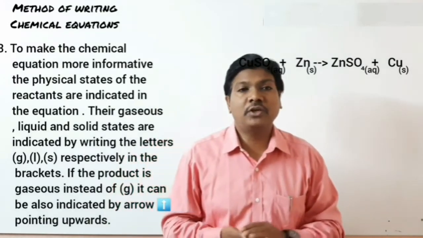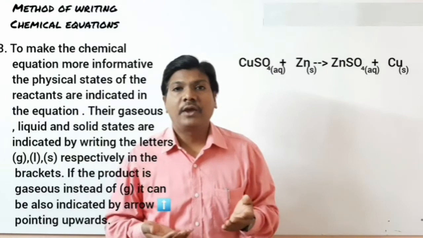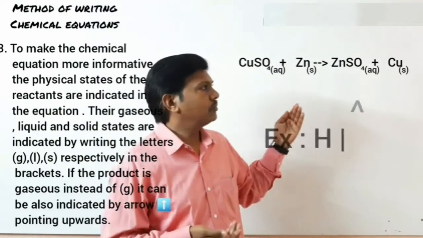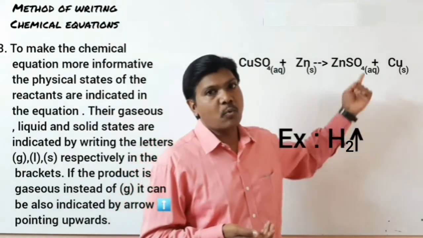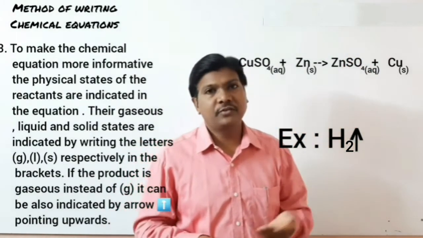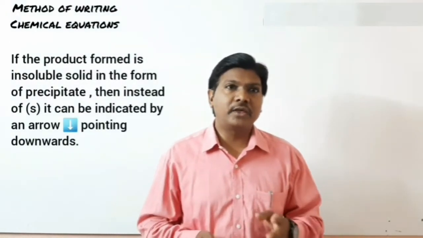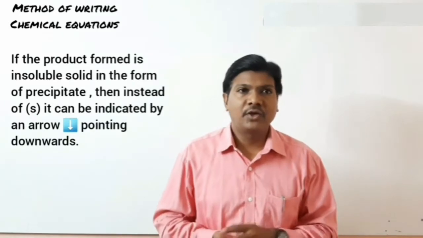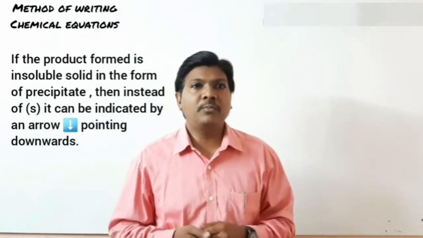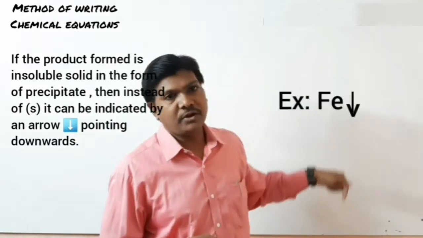If the product is gaseous, then instead of G, it can be indicated by an arrow pointing upward, which indicates the gaseous state. If the product is insoluble, in the form of a precipitate, then instead of S, meaning solid, it can be indicated by an arrow pointing downward.